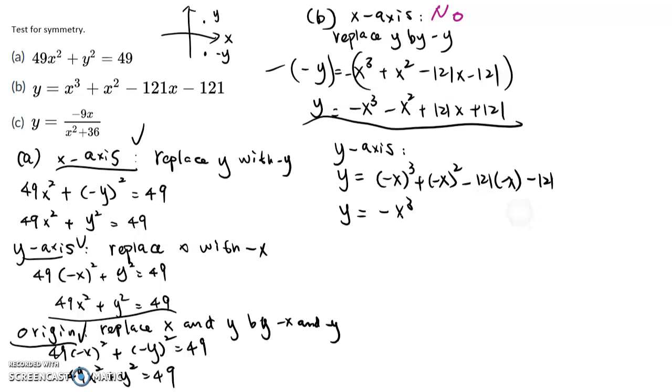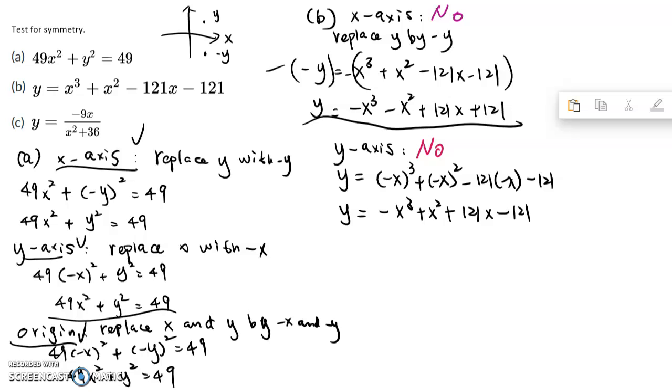Negative x cubed plus x squared plus 121x minus 121. Let me compare. They're not exactly the same, nor can I turn them the same. So I have to say it is not symmetrical with respect to the y-axis also.